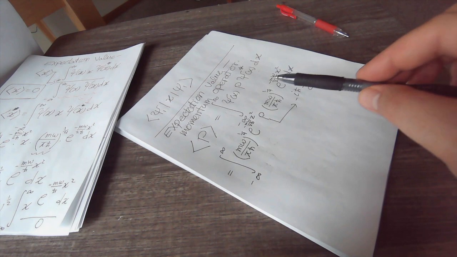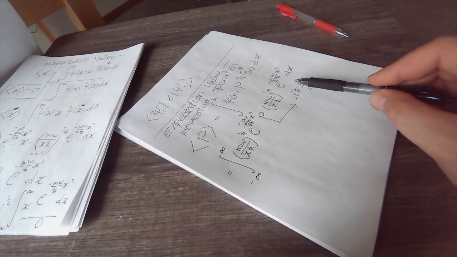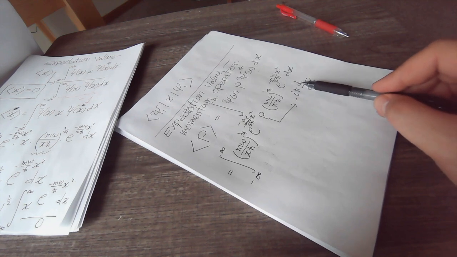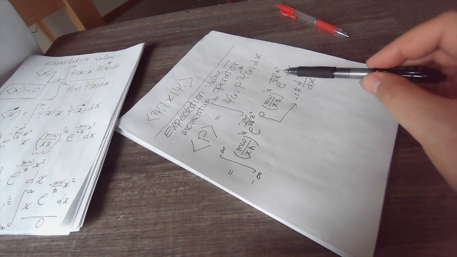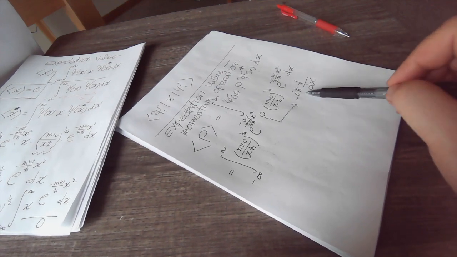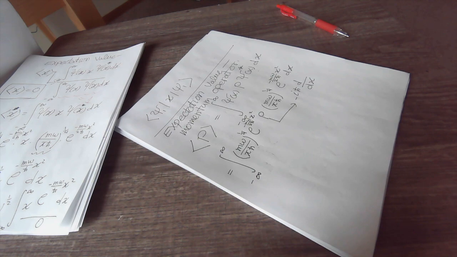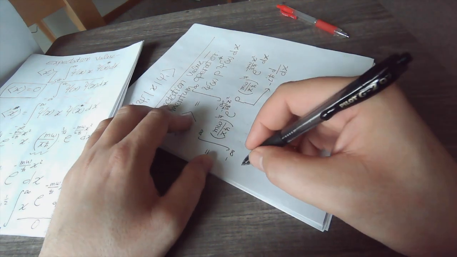Since we have everything in one dimension, we can use this complete derivative, d over dx. If we have this as a function of x, y, z, we need to have this as a partial derivative, partial over partial x, for example. So that's great.